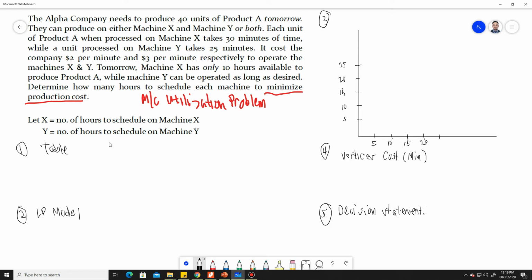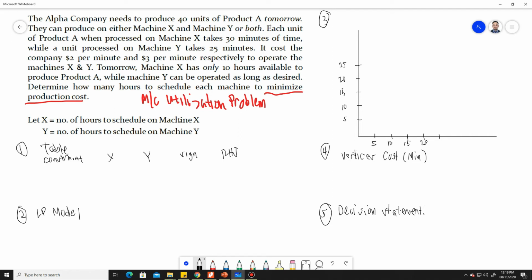Okay, so we are going to create the table. So, we have here the constraint. Then we have x and we have y and sign and parameters or the right hand side. So sabi dito, the Alpha company needs to produce 40 units of product A tomorrow.